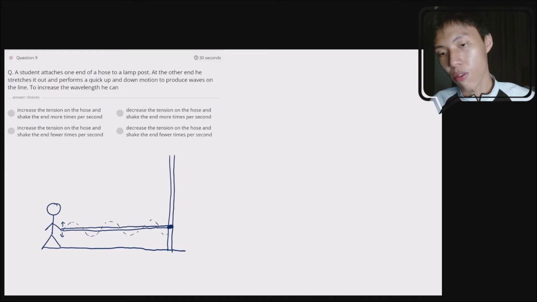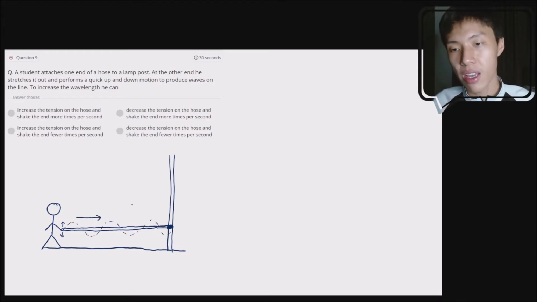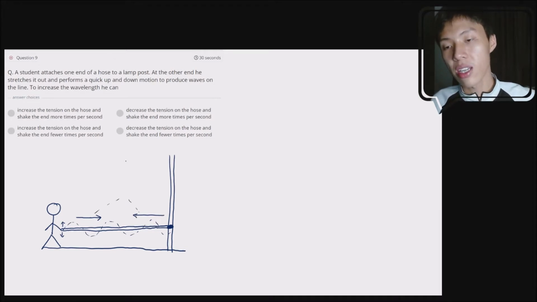Of course this wave will be traveling towards the lamppost, and from there the reflection will also occur, and these two incident and reflected waves will overlap, and through the overlap we produce a standing wave. So that's the situation right now.